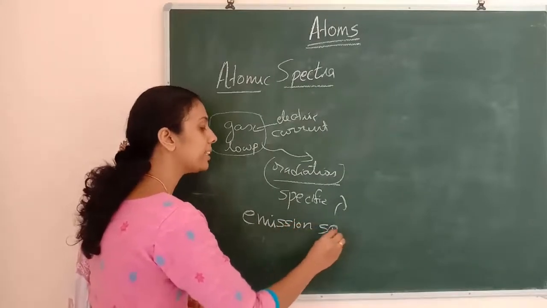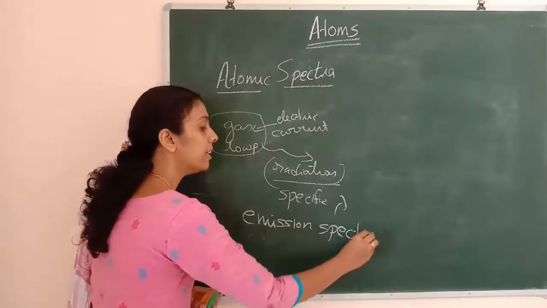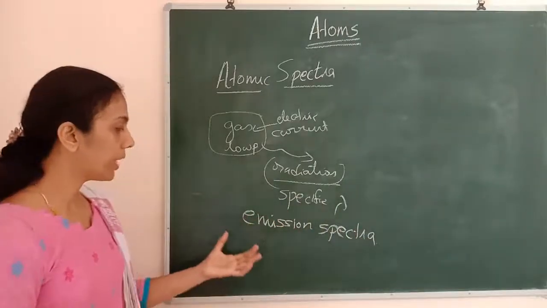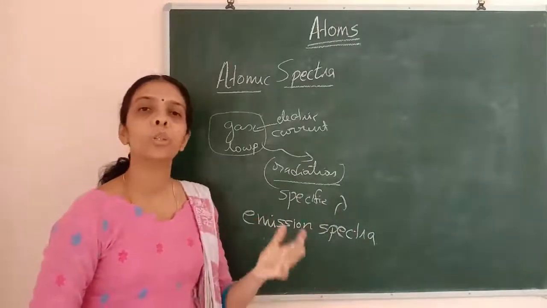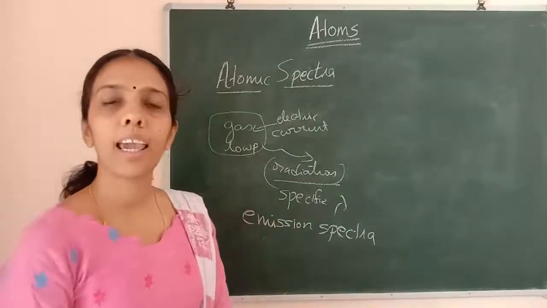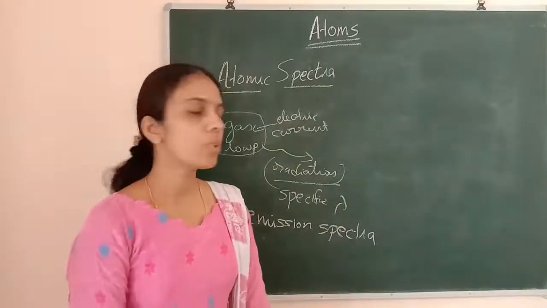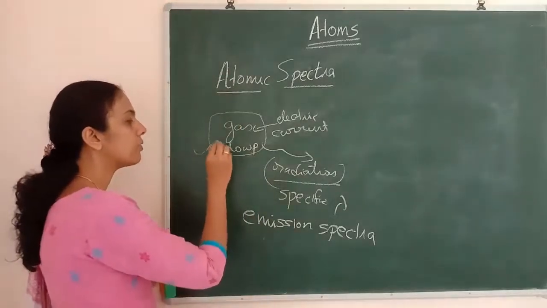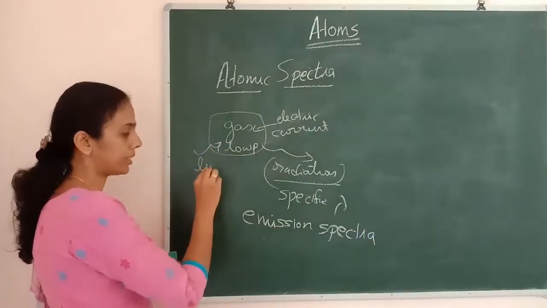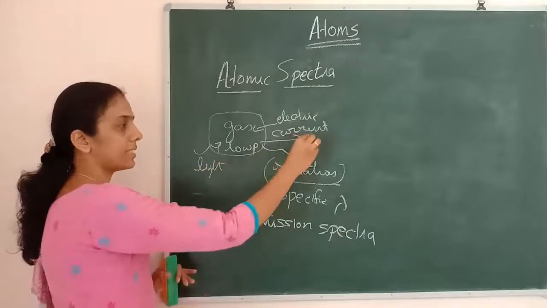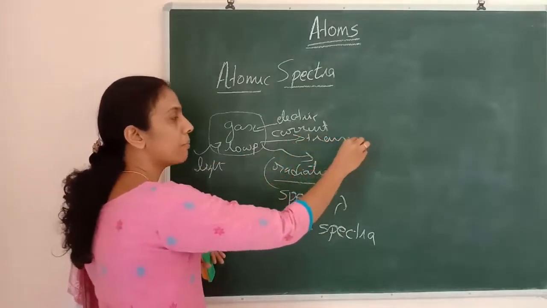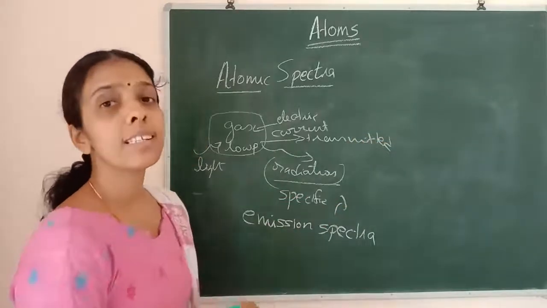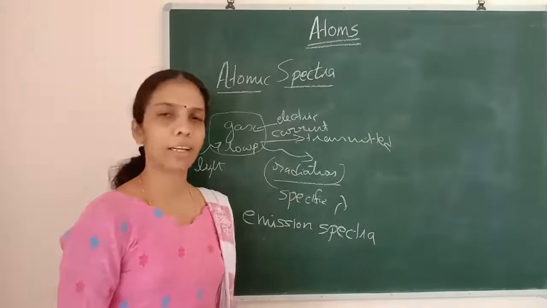Some bright lines are obtained on the spectrometer sheet. So this is called the emission spectra. Now, in this gas, if instead I pass some light through it, the transmitted light will contain some dark lines in the spectrum.